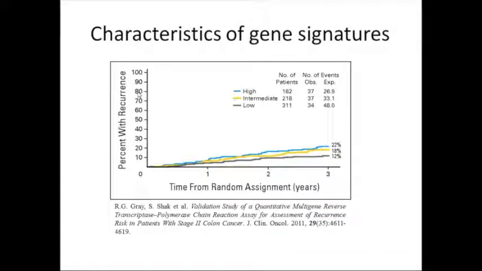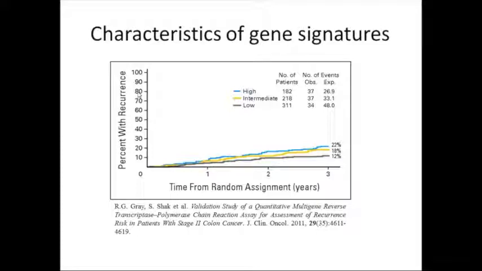So just to make this example even more obvious, here we can see curves related to the Oncotype DX gene signature for prediction of risk in colon cancer, not in breast cancer, but in colorectal cancer.